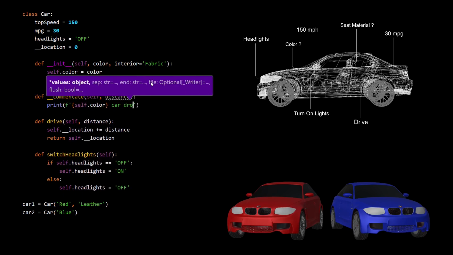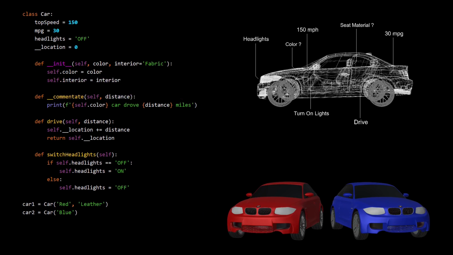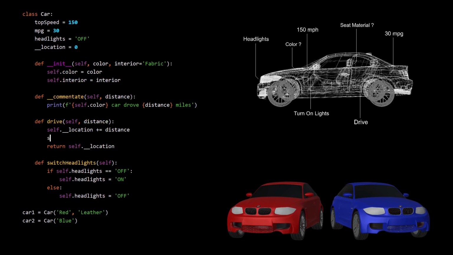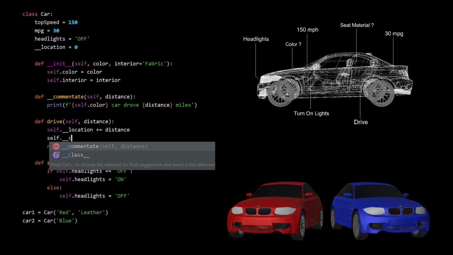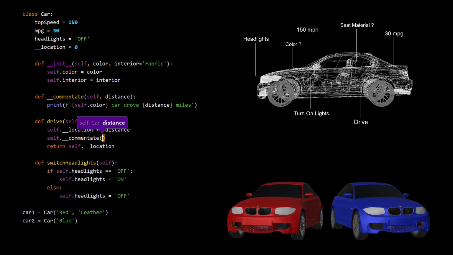So any method that doesn't have the double underscores can be called from outside the class directly, which means that's a public method. And any method that has the 2 double underscores are private, which means that a method from inside the class can call it, but not directly from outside.